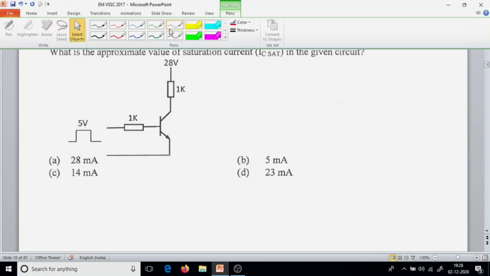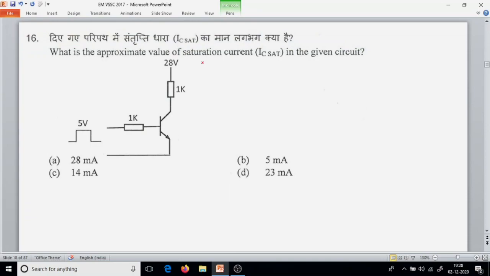Question number 16. To solve this question, you do not need to know anything about a transistor. What is the approximate value of saturation current? At saturation, this transistor will act like a short circuit. Normally the emitter will be connected to ground, 0 volt, and this gets short circuited at saturation.